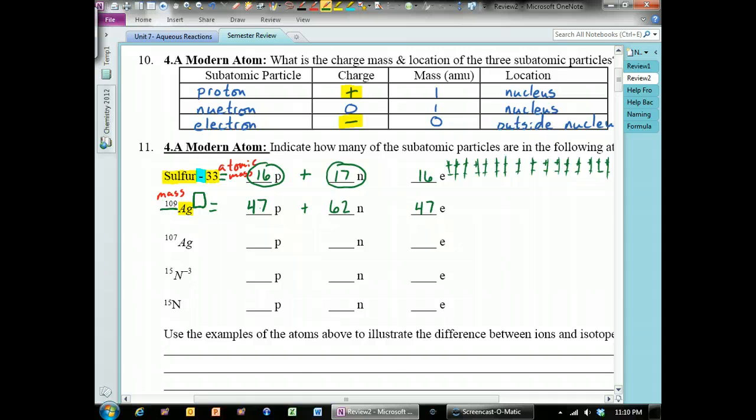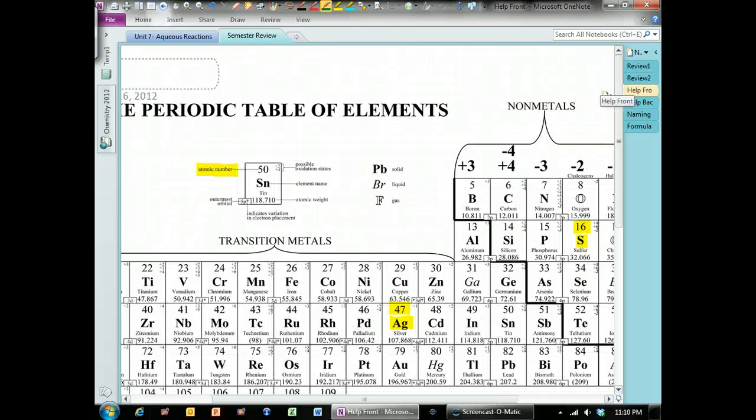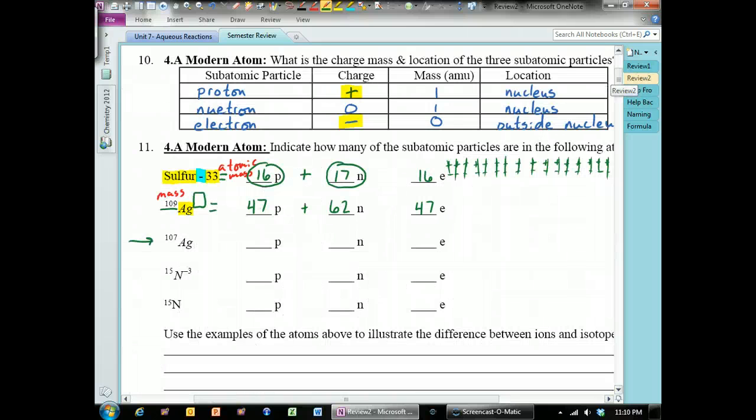This third problem is still silver, but something's changed. It now has a mass of 107. Again, when we look at the periodic table, the atomic number never changes for silver. It's always 47, so that determines the chemical identity. So 47 is the number of protons. That didn't change, but the atomic mass did change.